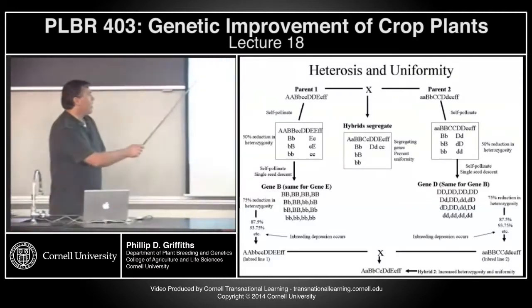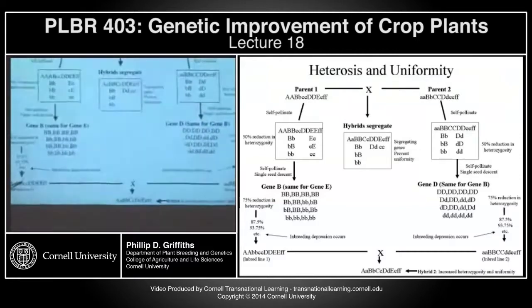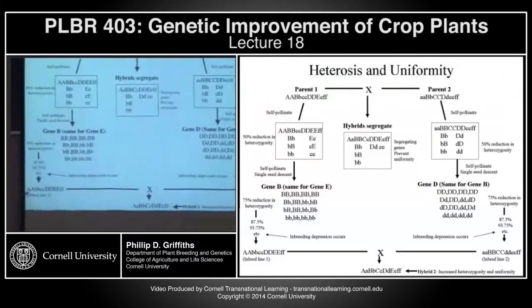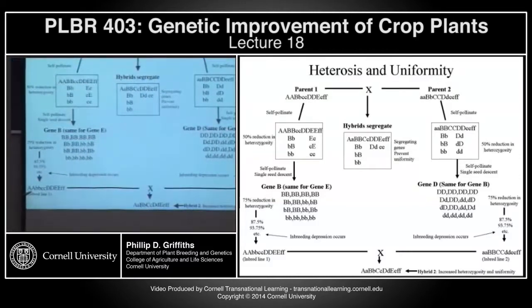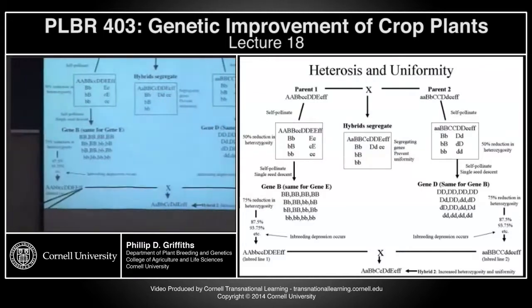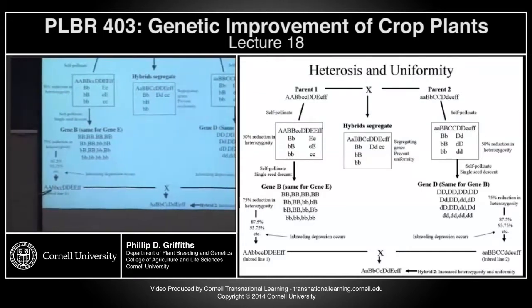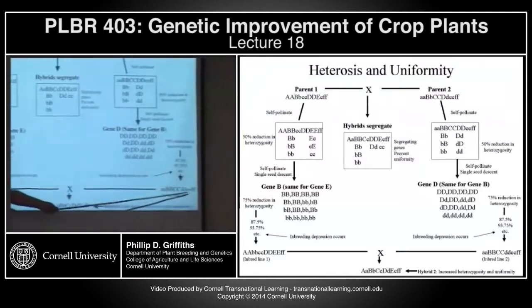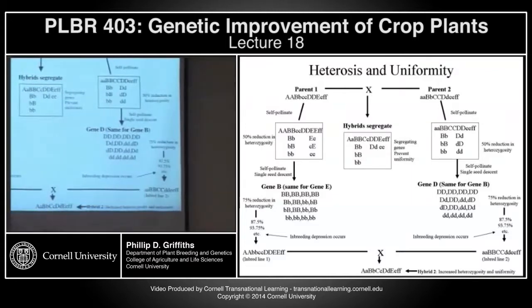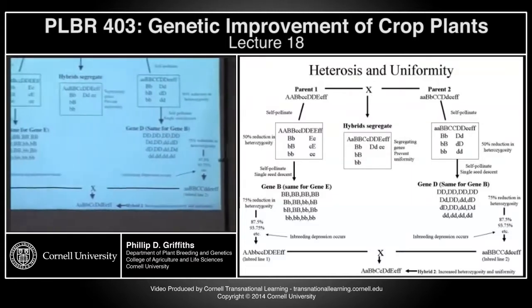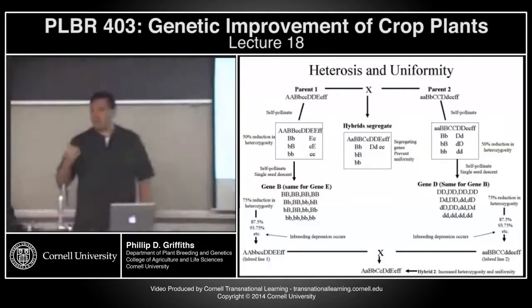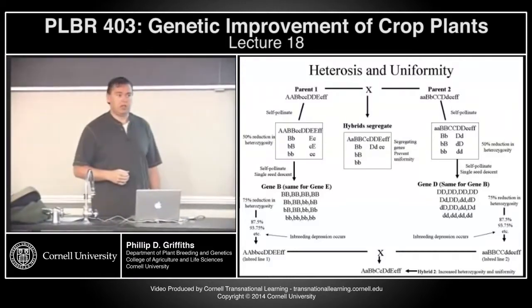So as we self this down, we may end up with this inbred line that has now become homozygous at all 6 of these genes. And the other inbred line has also become homozygous, but the allele might vary at any particular locus.